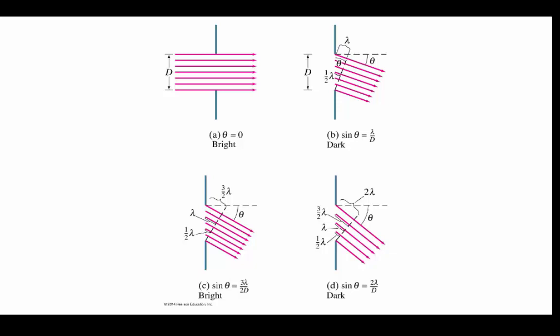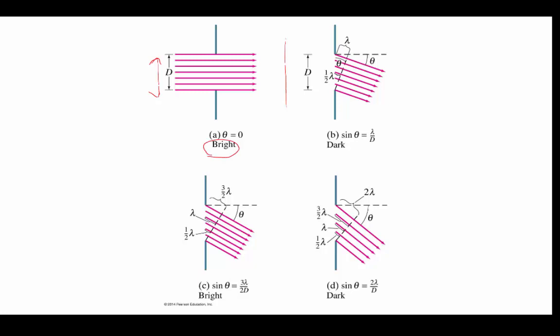If the light is coming directly into the slit, so theta is 0, the rays are going to be the same distance apart, and they're all going to get to the screen at the same time, so you will have a bright spot there.